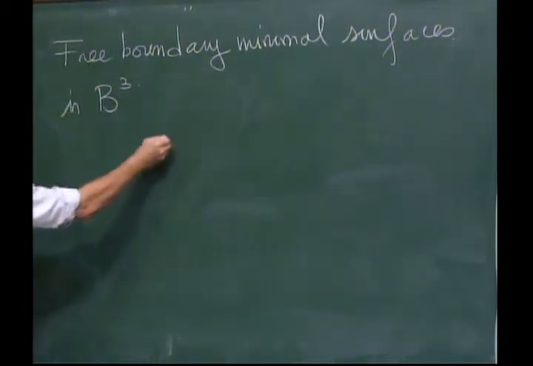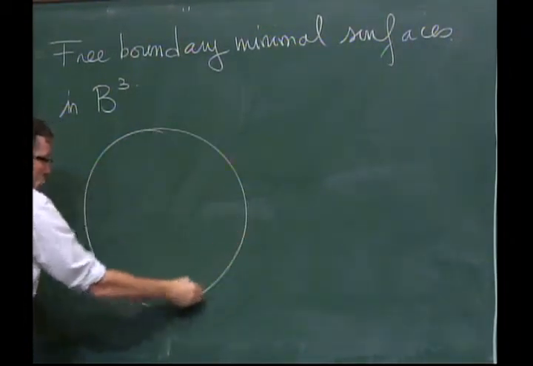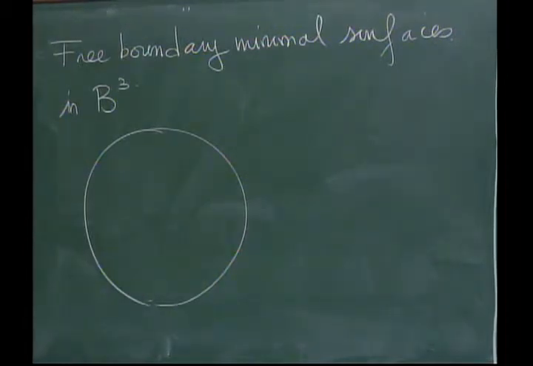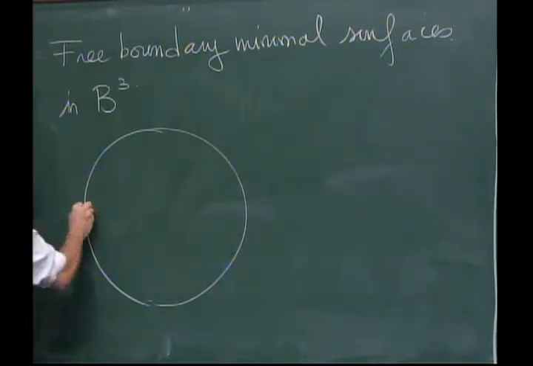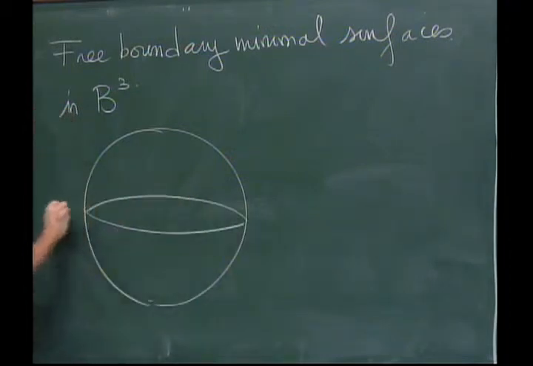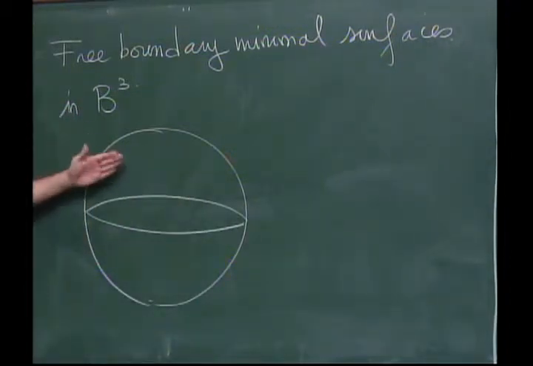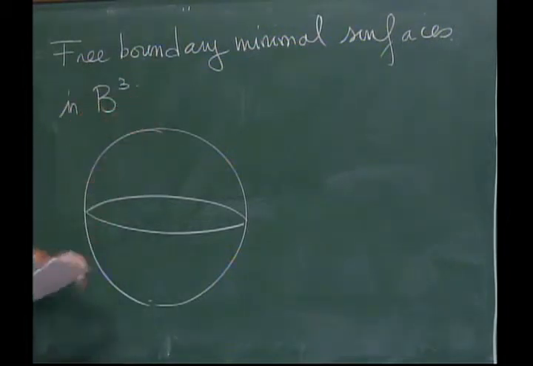So the idea is, I will just draw 2 pictures. This is the unit 3 ball. What I'm looking for are minimal surfaces which are embedded inside B3, but meet the boundary of the 3 ball orthogonally. This is the meaning of free boundary.